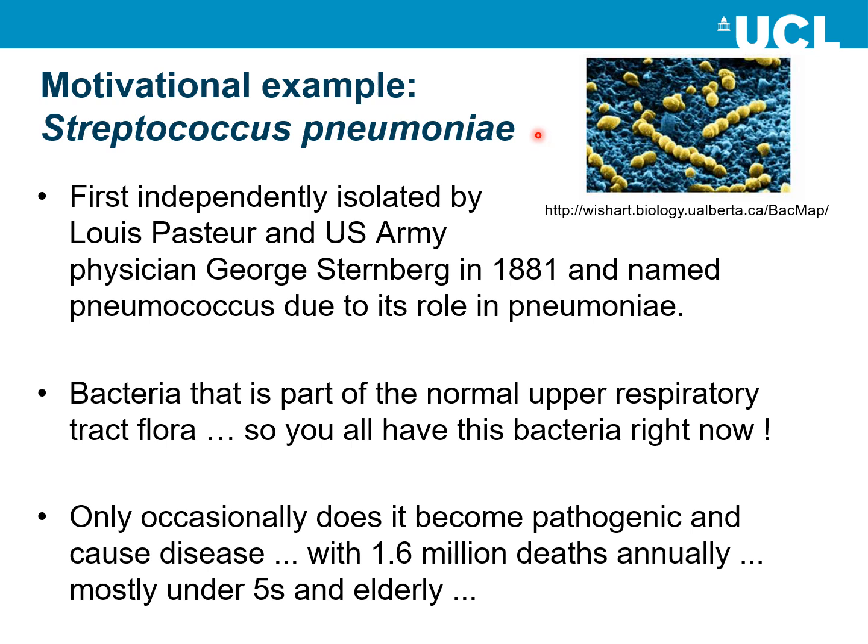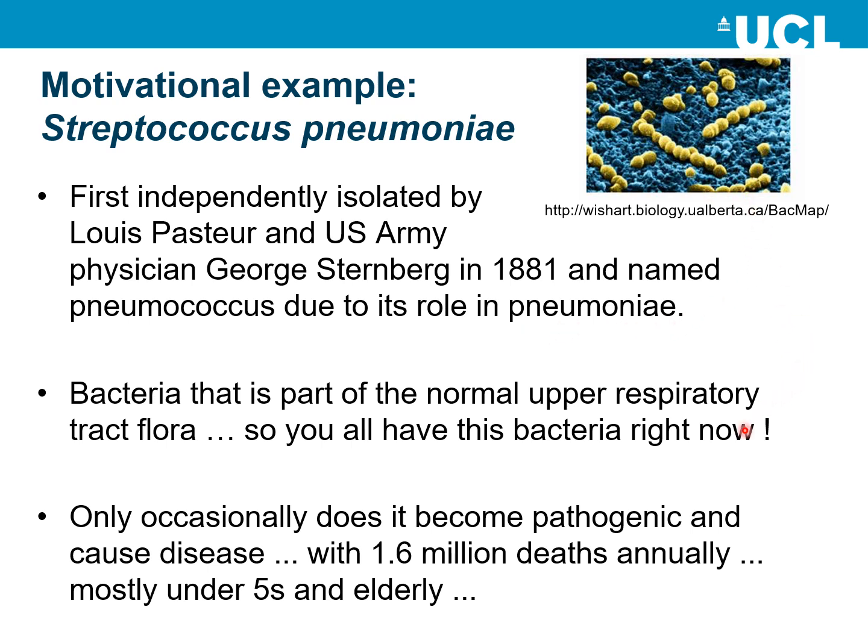Again, it's disease related, Streptococcus pneumonia. This is a coloured micrograph of these bacteria, and they're carrying these little chains. They were first isolated by Louis Pasteur, but also the US Army physician George Sternberg, 1881, due to the role in causing pneumonia.